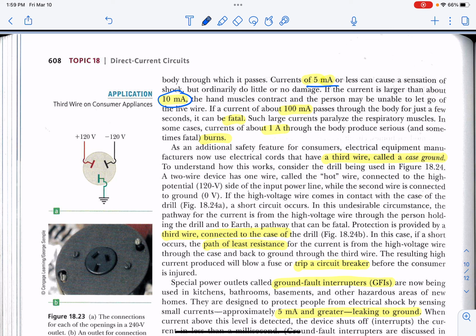And you're going to need somebody to knock you off. You don't want somebody to grab you and pull you off because then they become part of the circuit and their muscles lock as well. That's not good. Then when you get up to about 100 milliamps, that can be fatal. And interestingly enough, 1,000 milliamps or 1 amp might not be fatal, but it can do some serious burns.